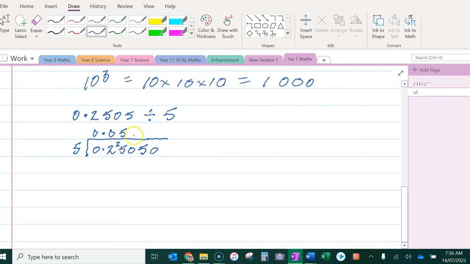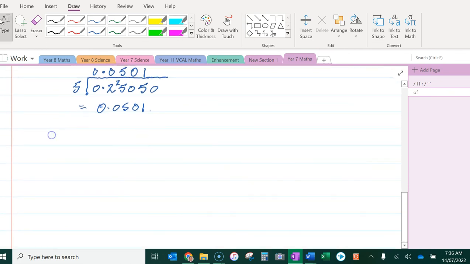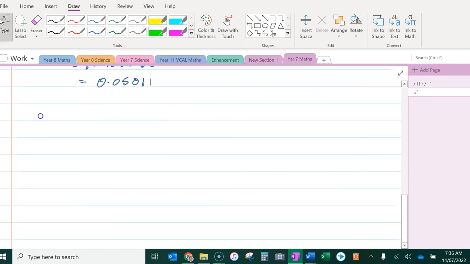Then nothing over, so 5 into 0 won't go. 5 into 5 goes once. And we don't need that 0 there. So it would equal 0.0501.